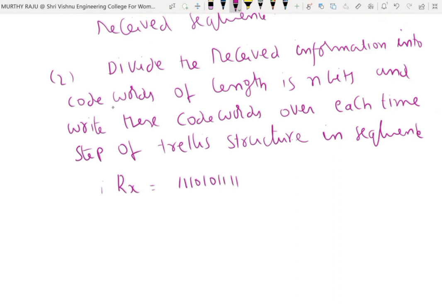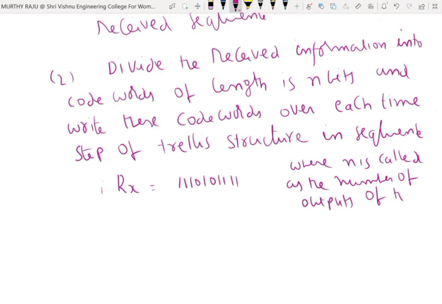Divide the received information into code words of length n bits, where n is called the number of outputs of the convolutional encoder.